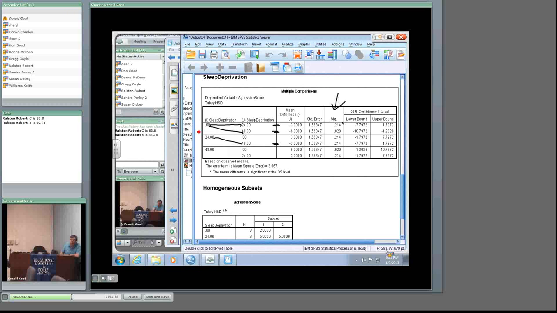No, 0.214. Remember what the means were? 2, 5. What was the 48 mean? Was it 8? Look, average regression score was 8. So is there a difference between the 2 and 5? No, not a significant difference.